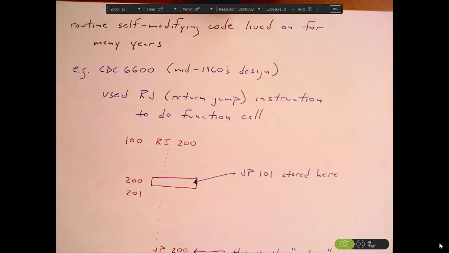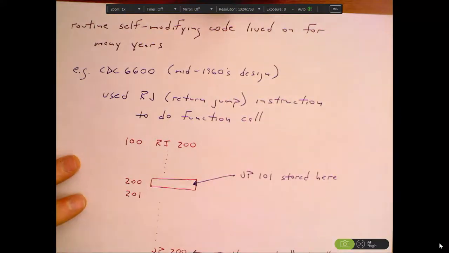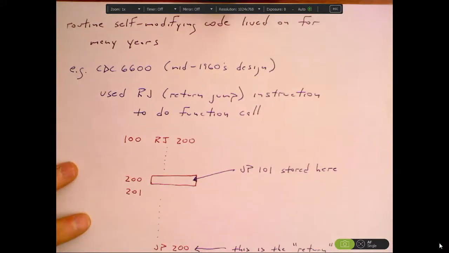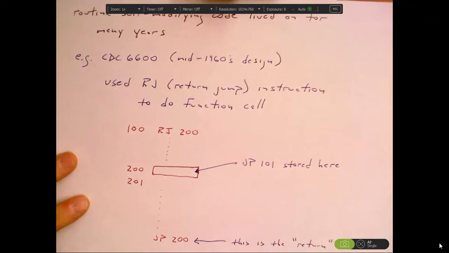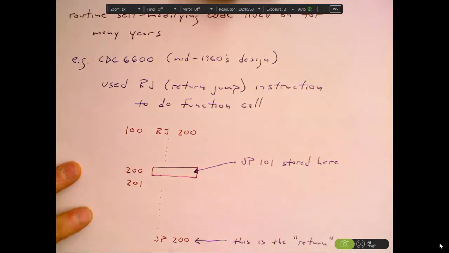So again, going back to the machine that I've mentioned several times in this semester, the machine I was brought up on, so to speak, the CDC 6600, a mid-1960s design. It had an instruction called the return jump instruction, and it used this to do function calls. So if we look into a program here, these are the addresses of the instructions, and these are the instructions lying at that address.